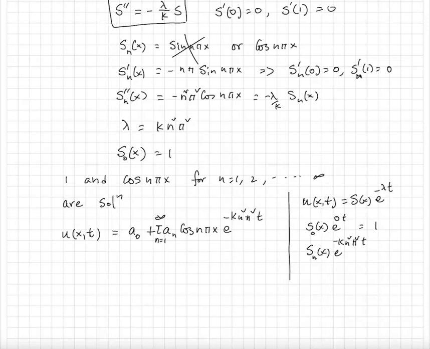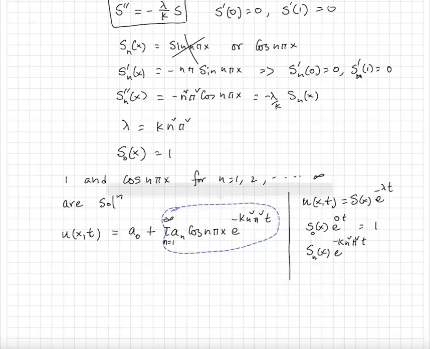Some of you might be wondering why I have e to the power minus k n square pi square t inside the sum when I take the superposition principle, and why not here? That is something perhaps you think of first at this stage.